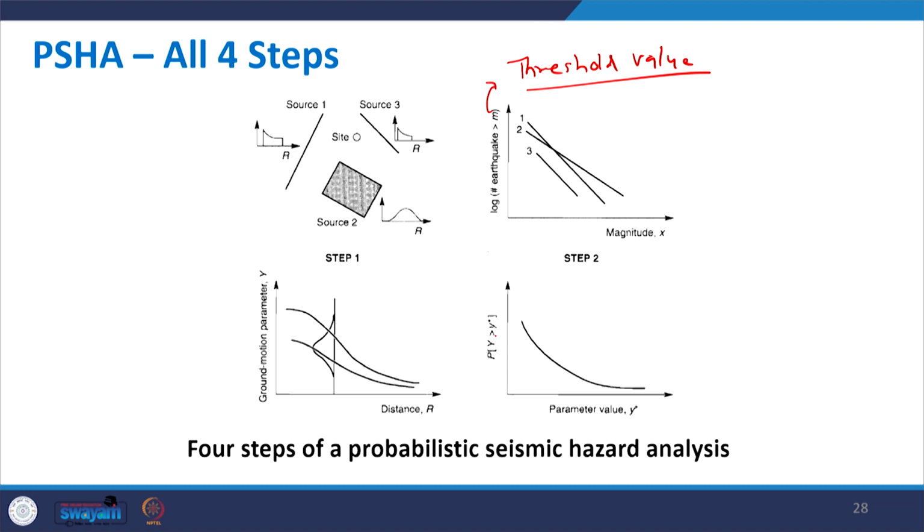Here the probability y is greater than y star, that means what are the chances that you will get at a particular site an earthquake greater than a given threshold value. That threshold will be a value, let us say a certain magnitude or certain PGA. More than that, what are the chances of occurrence of an earthquake at that site. So, these are all 4 steps of PSHA.